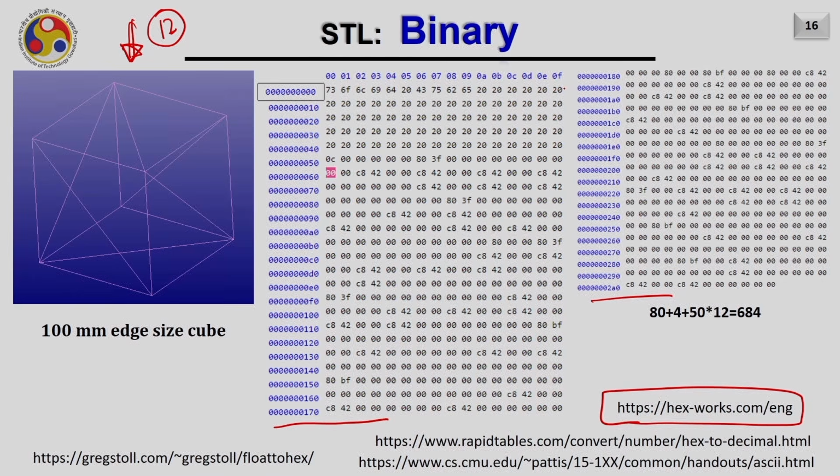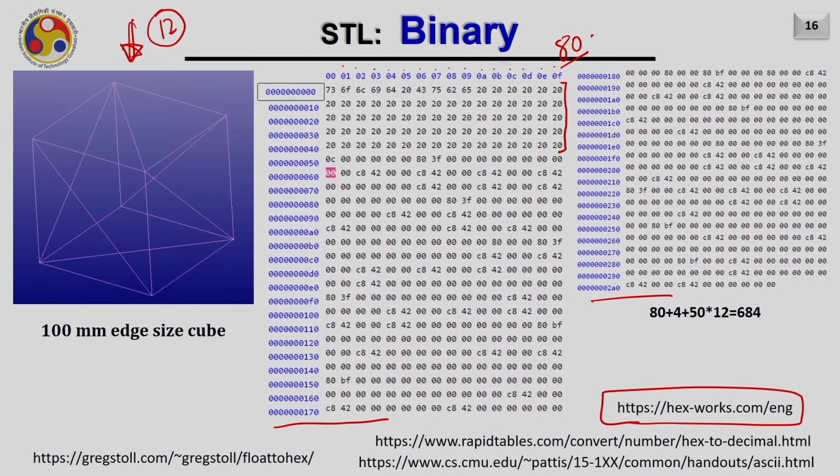Now, let me try to explain how the bytes are assigned. So, 80 bytes are used to define the name of the file. In each line there are 16 bytes. So, there are a total of 16 lines here, and if you count up to this point, there are a total of 80 bytes used just for defining the name of the file.